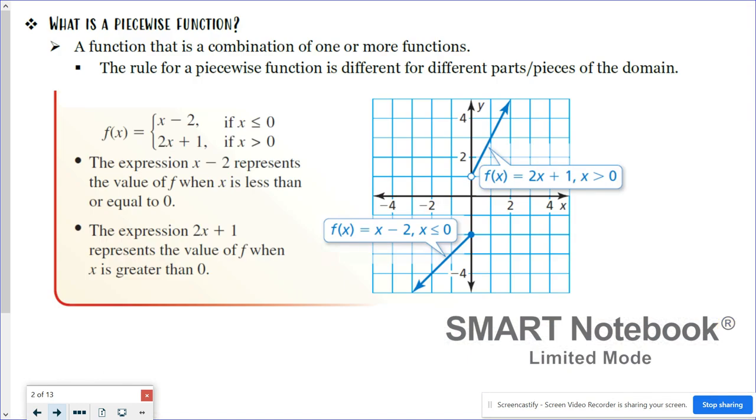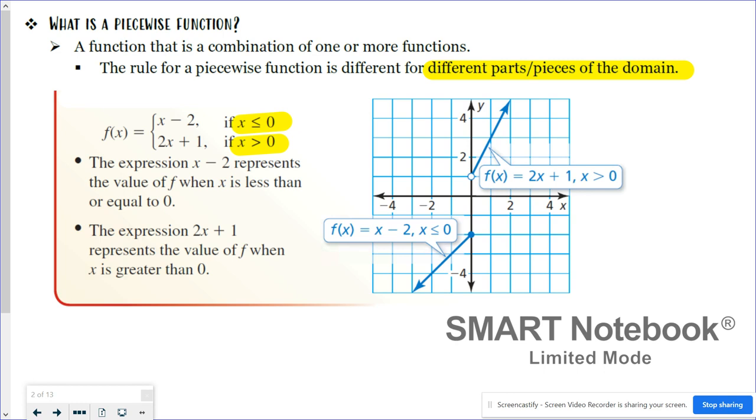It's a function that's a combination of one or more functions. The rule for a piecewise function is different for different parts or pieces of the domain. So x is less than or equal to 0, x is greater than 0, that's where they're describing the different parts of the domain.